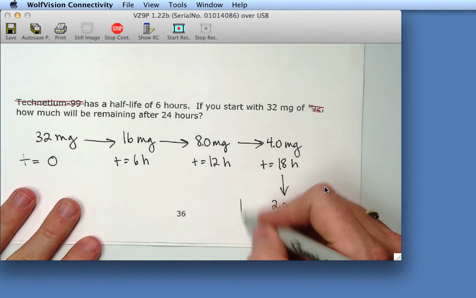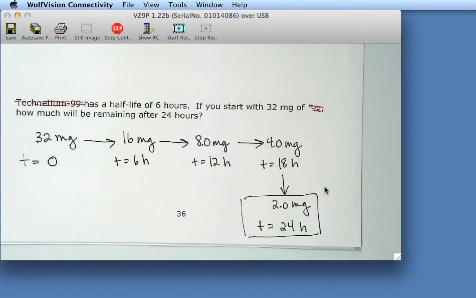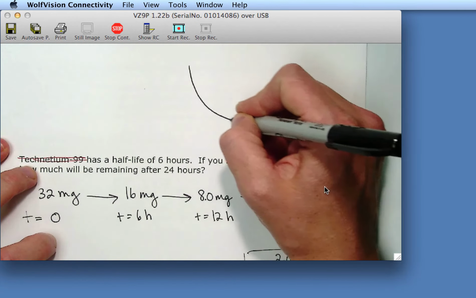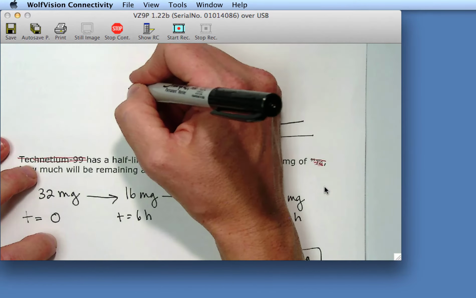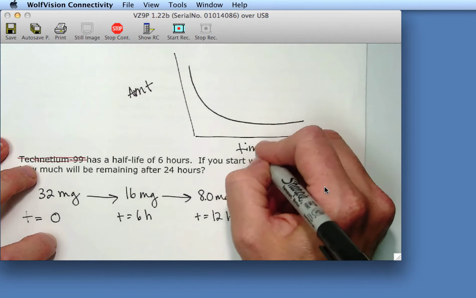So I would square this. Is that the point that after that it's no longer effective, basically? It would still keep decaying. They're just trying to determine how much would be left after a particular time. So the decay kind of goes like this, where you have amount versus time.